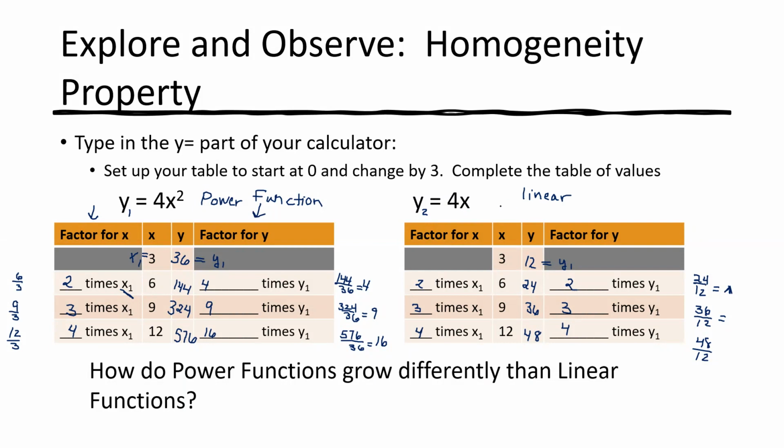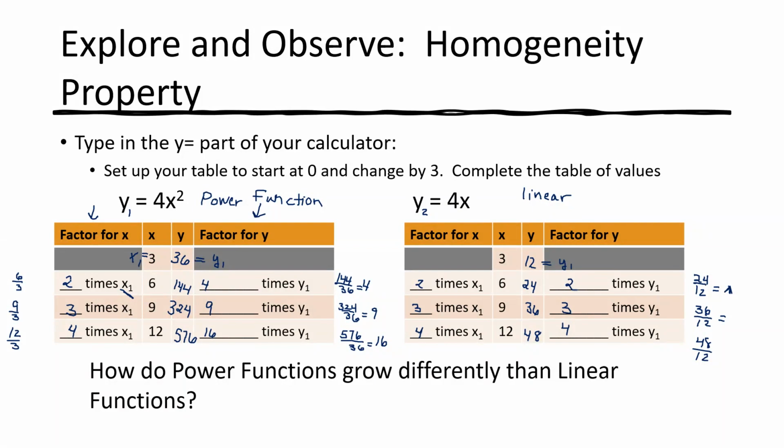The plus b part here is 0, and so it's a very simple linear function. With the linear, what I notice is that the factors for x are exactly the same as the factors for y. When I look at the power function, though, on the left-hand side of my screen, the factors for x are related to the factors of y, but they don't match.